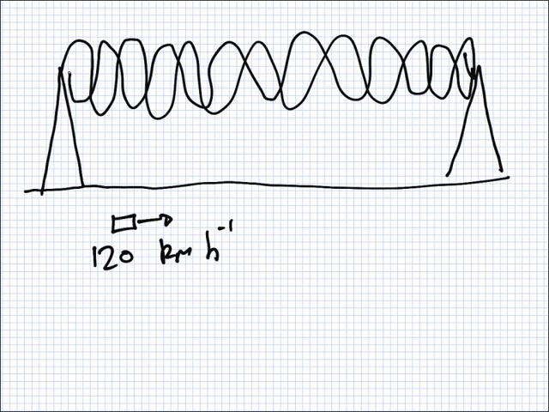There must be a standing wave formed between the two towers. Where is the driver when the signal is at its full bars of strength? At the antinodes. And where is the driver when it's at its weakest? At the nodes.